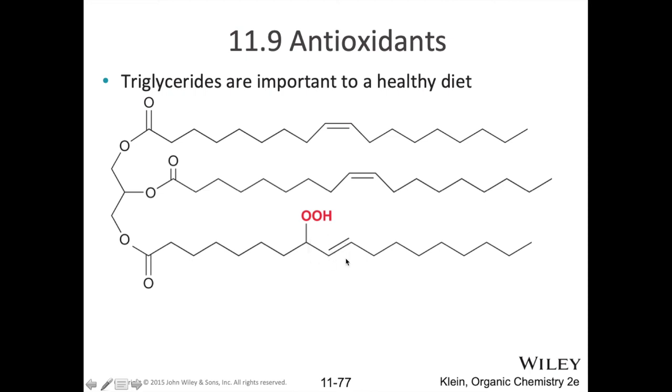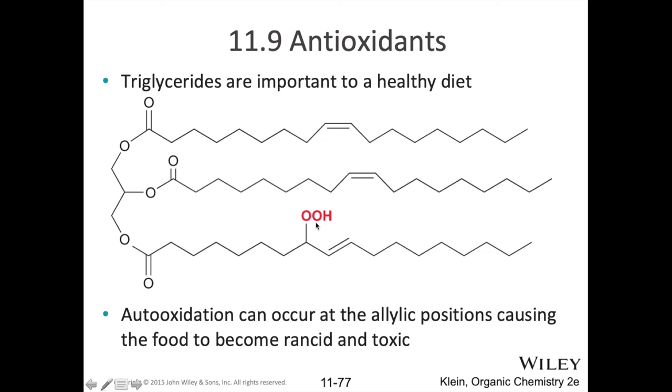Well, if you have a double bond, the carbons next to it are allylic positions, right? Which means that they are primed for this auto-oxidation step. So you want to watch out for that because again, that can lead to the food going bad.